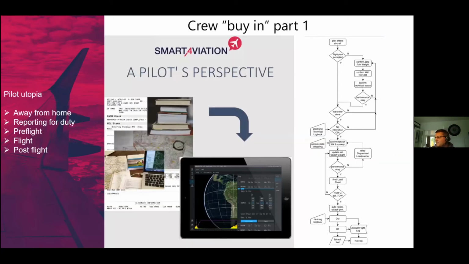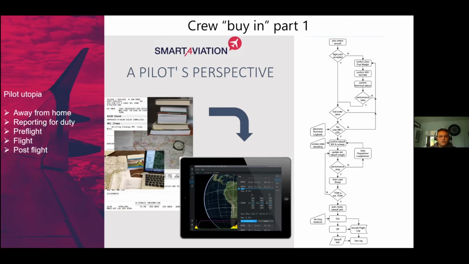Towards the end now of this presentation, we've got the crew buy-in part. So this is part one. For Smart for Aviation, we have pilots that work for us. We have people that have worked in the aviation sector like myself for over 20 years. And we obviously want to make sure that the products that we've got, the products that we use, and the products that we sell and provide to our customers actually work for that particular business unit.